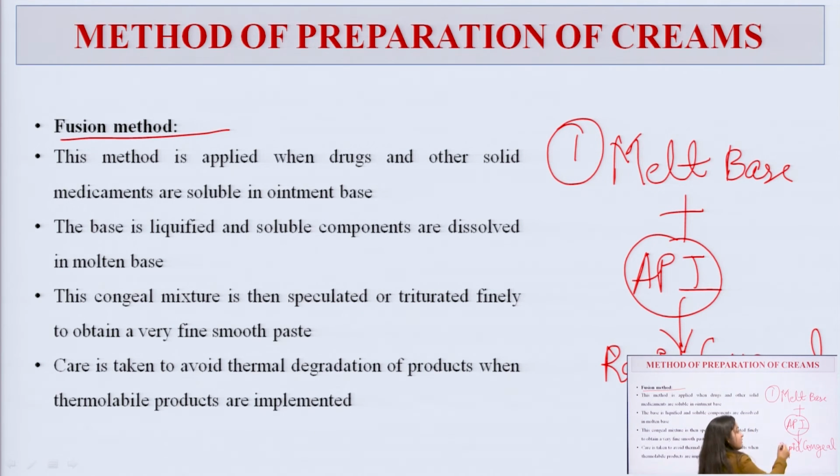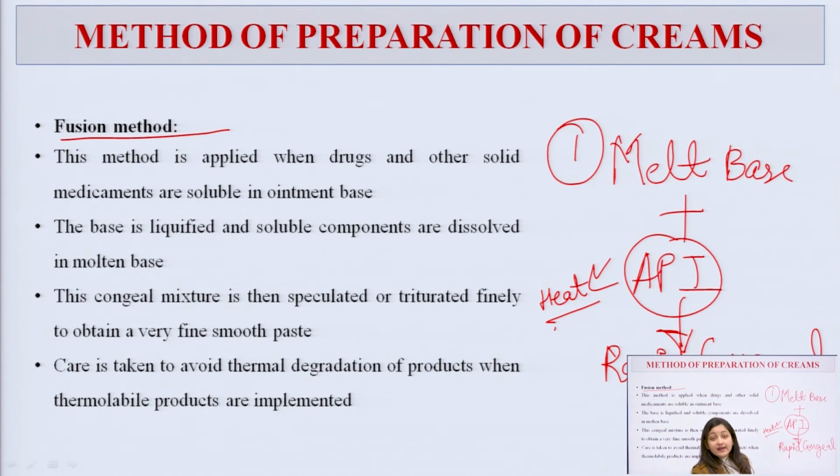However, if our API is heat sensitive, to be more appropriate, heat sensitive is a phenomenon often correlated with the term thermolabile. If our API or any of the excipients are thermolabile, then we are not supposed to add the API or any of the excipients at this stage.